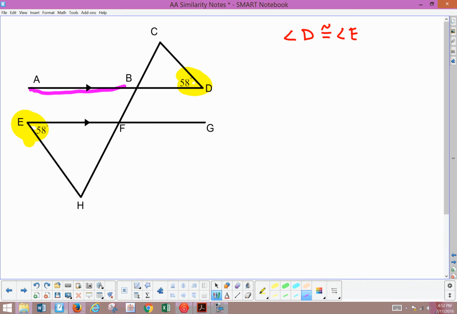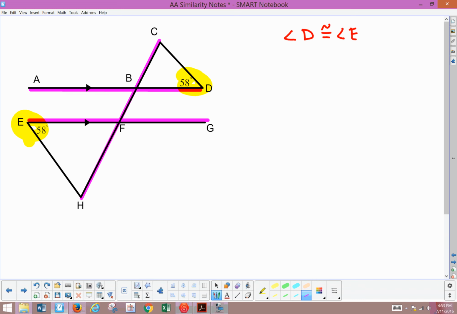Do you see that AD and EG are parallel? I know that because of this little triangle marking on each of the lines. Well, those lines are crossed by a transversal CH.